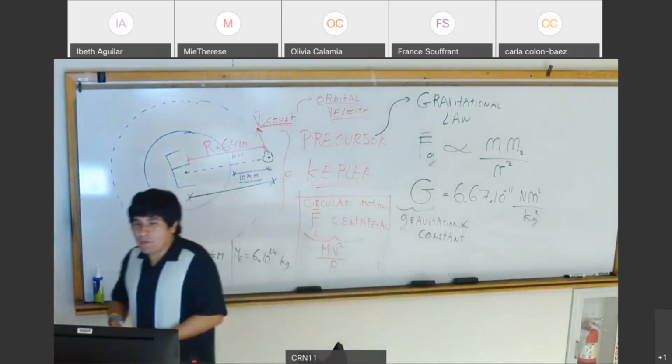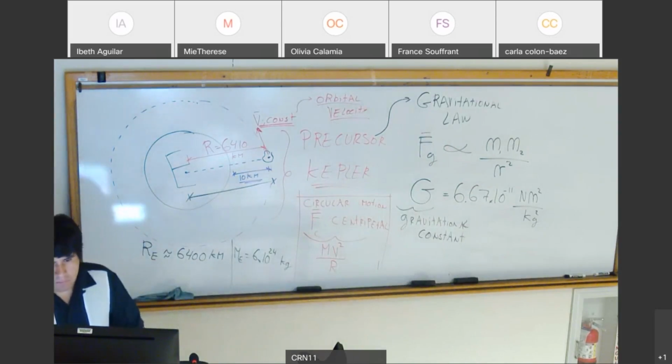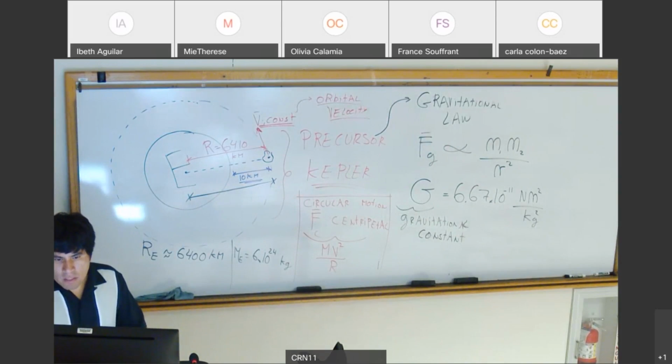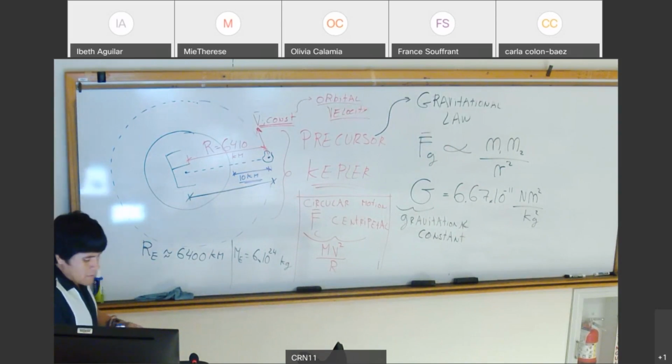That's why you get orbital speeds. All right. Let's leave it there because you guys can see it. But that is the physics behind satellites. And that's how we can actually launch satellites.